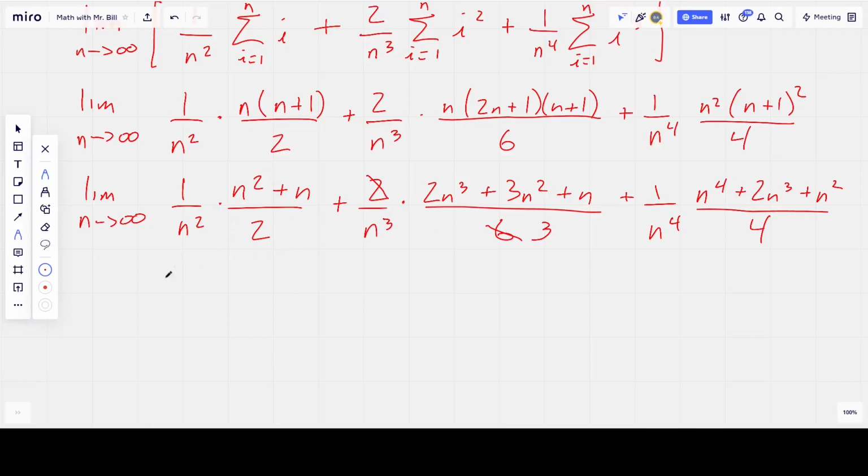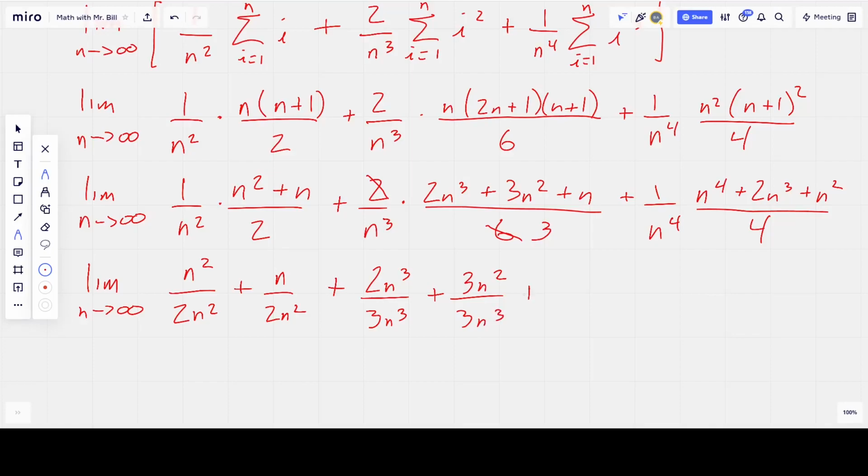So we have n squared over 2n squared, plus n over 2n squared, plus 2n cubed over 3n cubed, plus 3n squared over 3n cubed, plus n over 3n cubed, plus n to the fourth over 4n to the fourth, plus 2n cubed over 4n to the fourth, and lastly, n squared over 4n to the fourth.